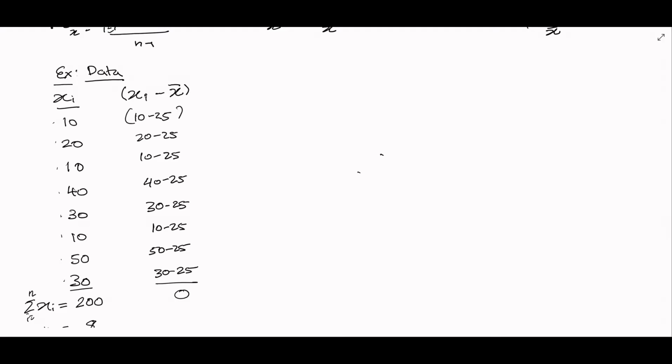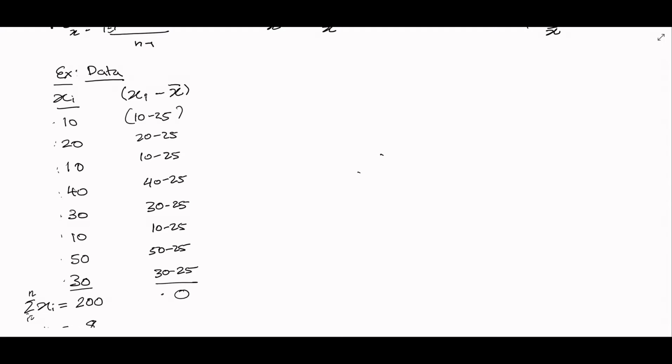These data points are not all the same numbers, they are different numbers, and hence there is definitely some variation in the data set. There is some change in the values of each data point, and hence if you just look at this 0, which is the sum of all the deviations from the center point, it gives the impression that there is no variance or no change in the data distribution.